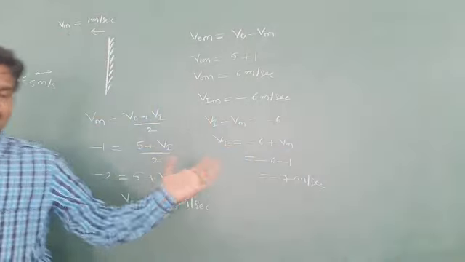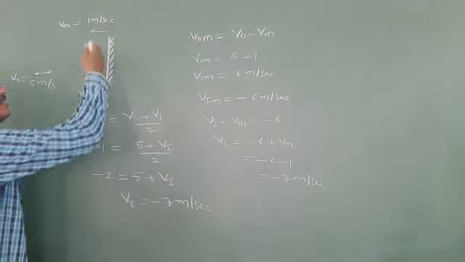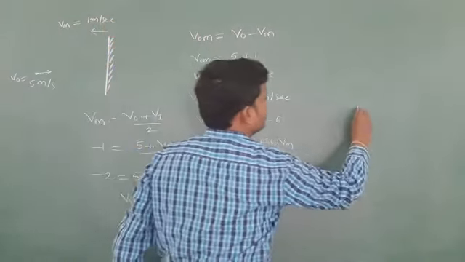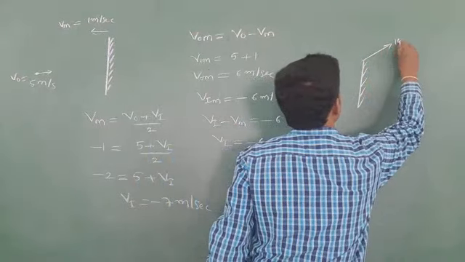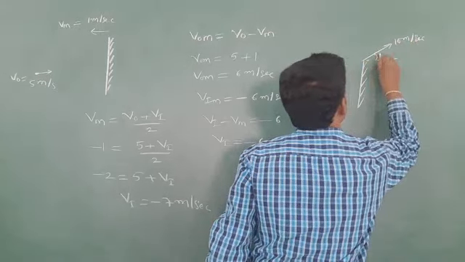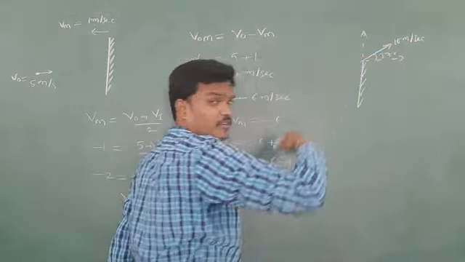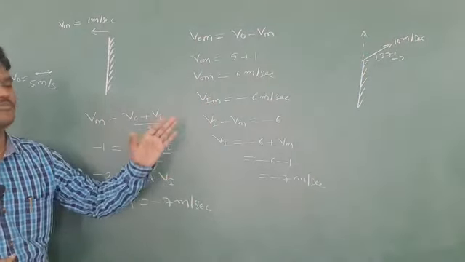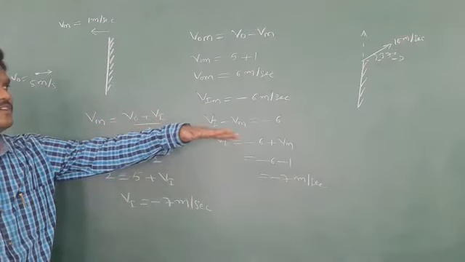Let me solve one more question. If the mirror is moving at 37 degrees, just resolve the components. Suppose in the next problem the mirror moves at something like 37 degrees, resolve the two components. The parallel component does not change the image; only the perpendicular component will change the image.